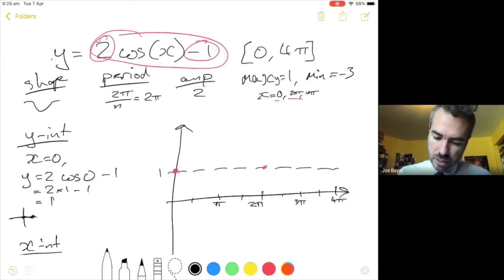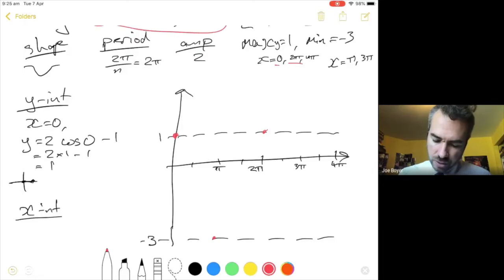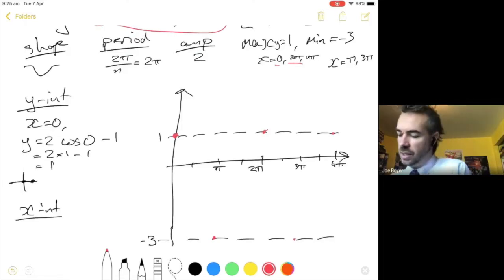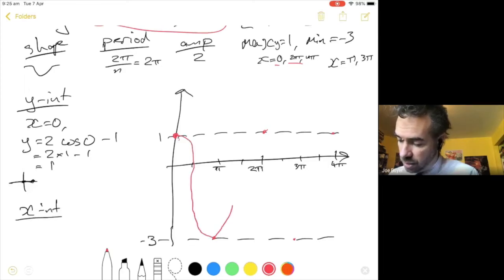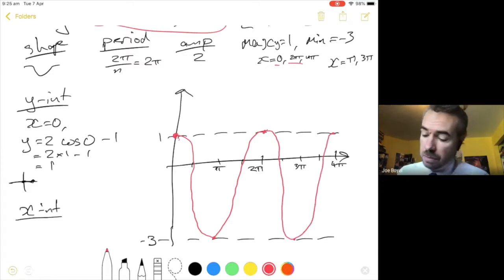So I can also write down here minimums, again, we're going to get at x equals pi and at 3 pi. And so we can sort of tell that our graph is going to do that sort of shape. I could pretty much sketch it in now if I wanted to, except I haven't got those intercepts very accurate. We could sketch that in, but a question will probably ask us to find the x-intercepts, and we can't make any assumptions about where they are.